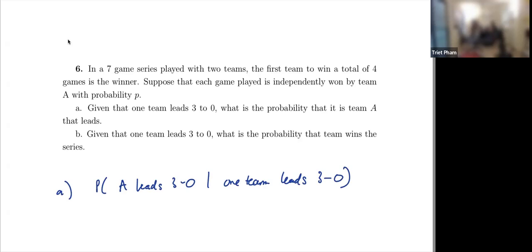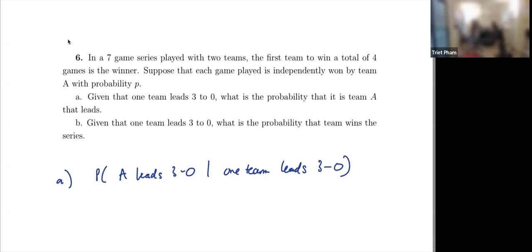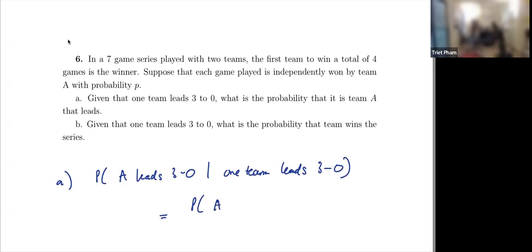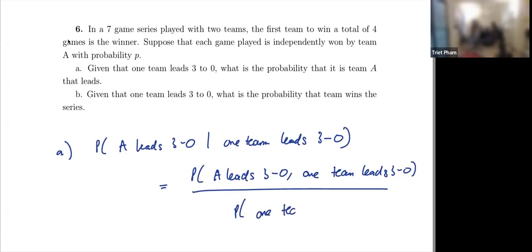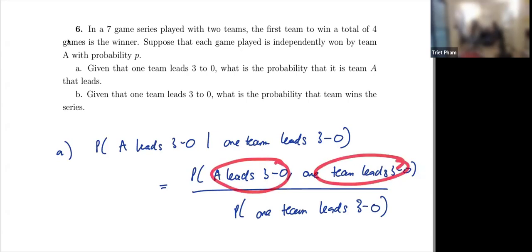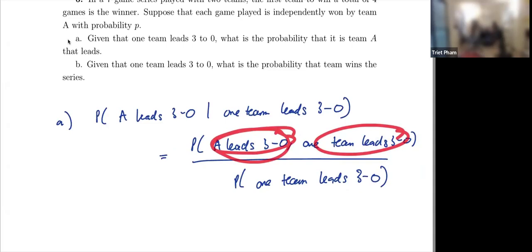By definition, this is the probability that A leads 3-0 over the probability that one team leads 3-0, correct? The top reduces down to A leads, so that would be p cubed.